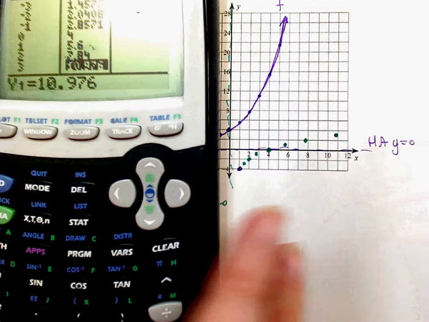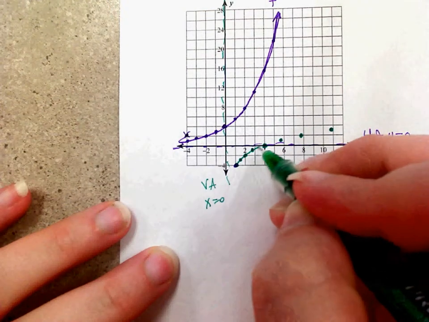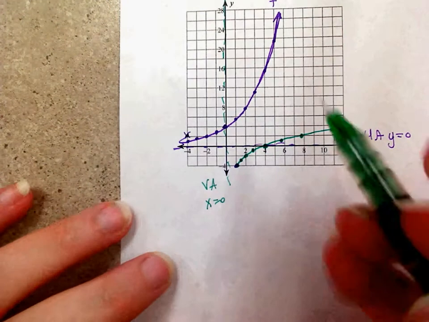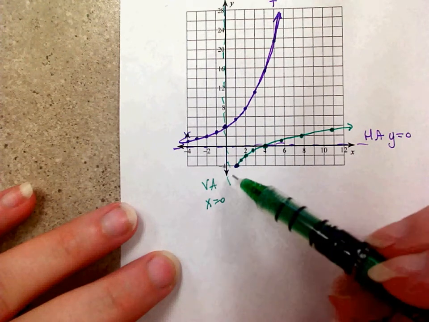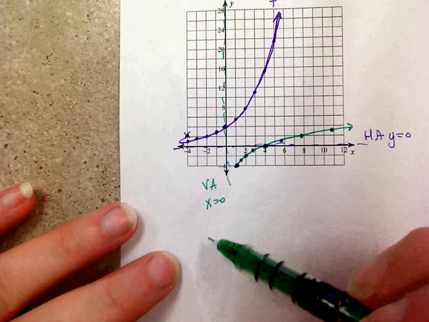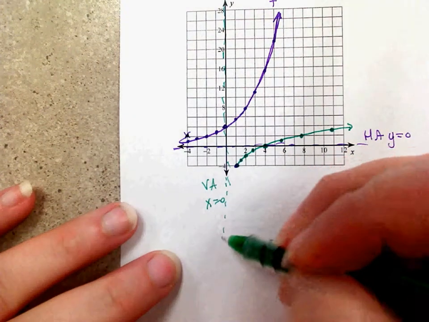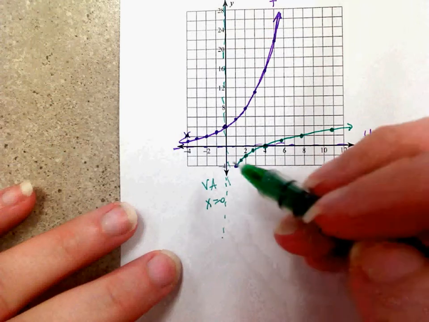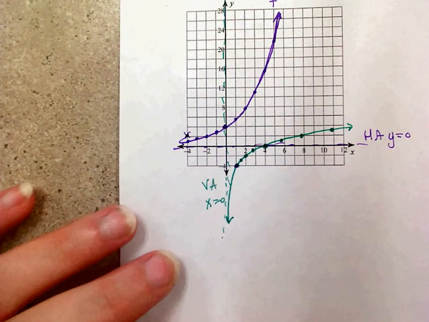Now, it would be a mistake to keep your function going like this, right? Why would that be a mistake? Right, which is your vertical asymptote. So keep your vertical asymptote going, and then just sketch it going down like this, and then there you go. Huh? Uh-huh, and this is 4. Remember, it's going by 2.